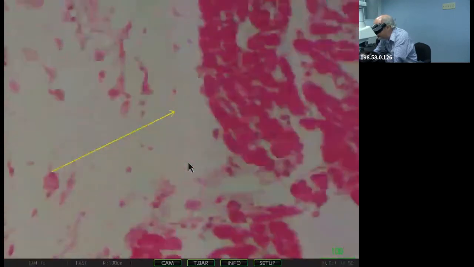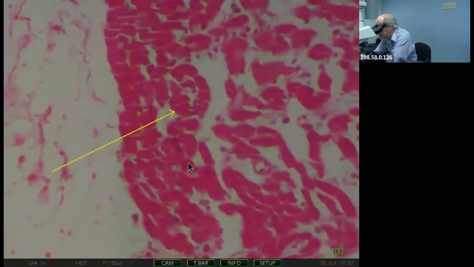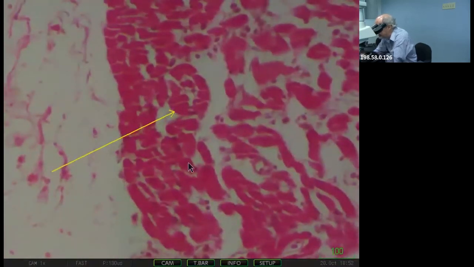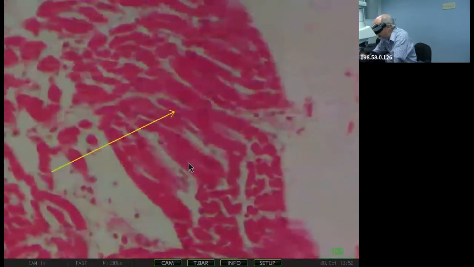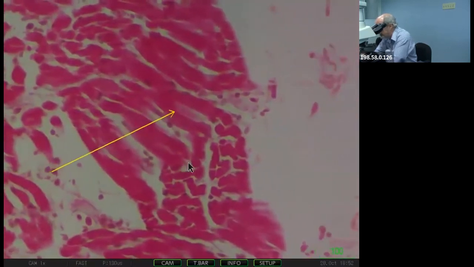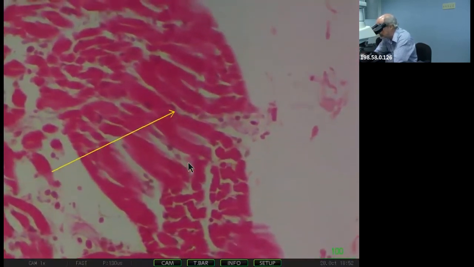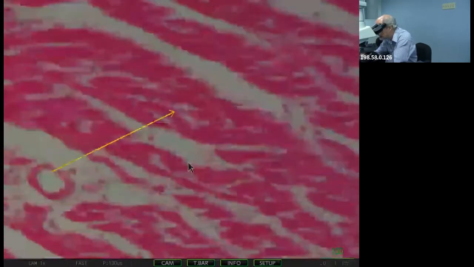You have only 1 or 2 nuclei per fiber, compared to what you had in the skeletal muscle tissue. And the fibers are usually branched, like you have here.